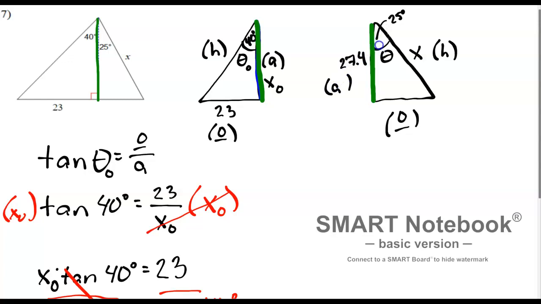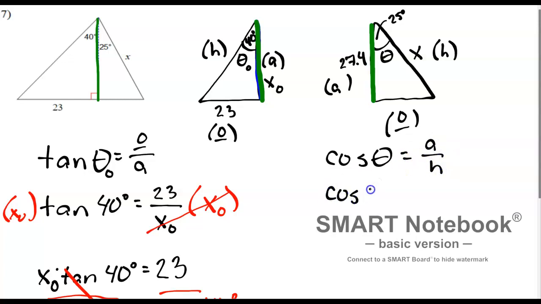So again, listen to that. I've got trig of theta, adjacent, and hypotenuse. That sounds like cosine. So let's go nice and slow. Cosine of theta, not cosine naught, because this is the theta that's going to get us where we need to get, and that's adjacent over hypotenuse.